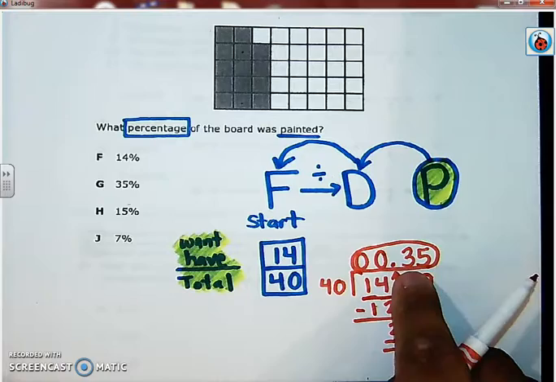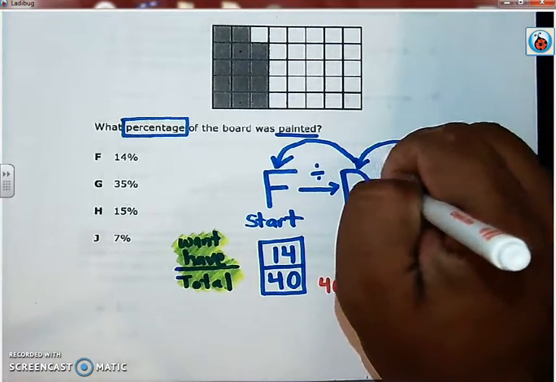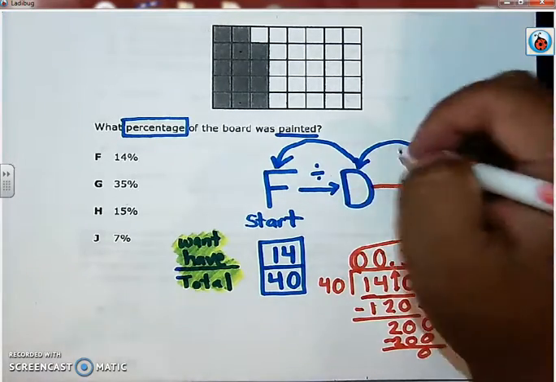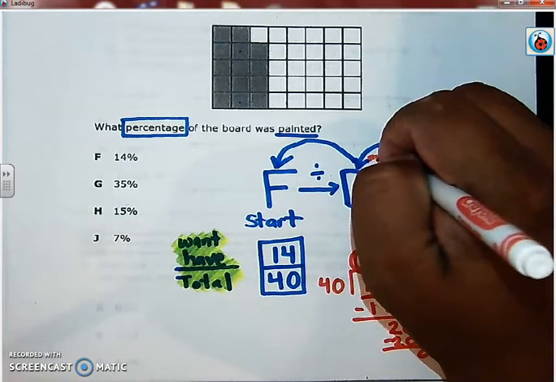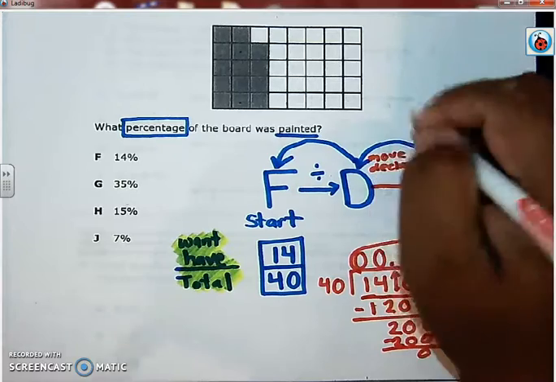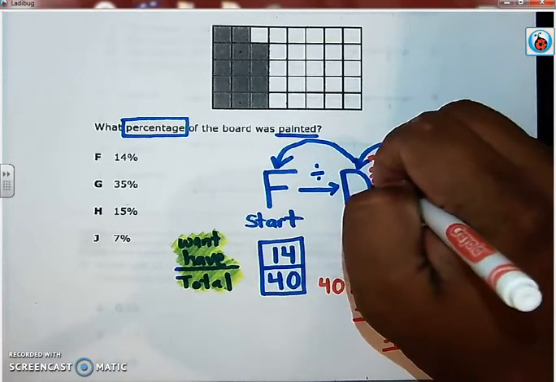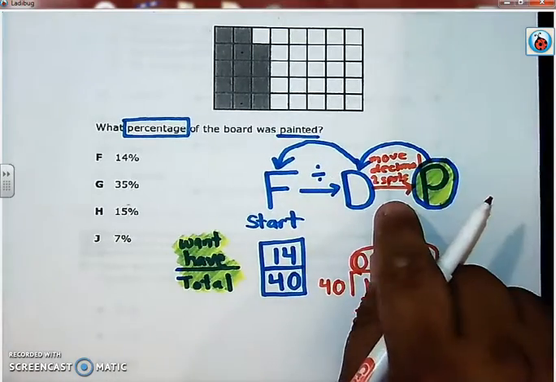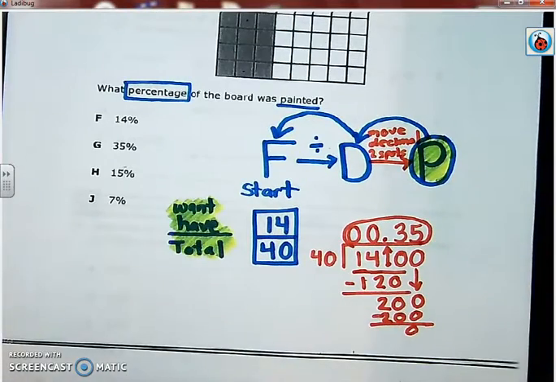Then I've also learned how to take a decimal and switch it to a percent. You have to move the decimal 2 spots to the right. So let's do that.